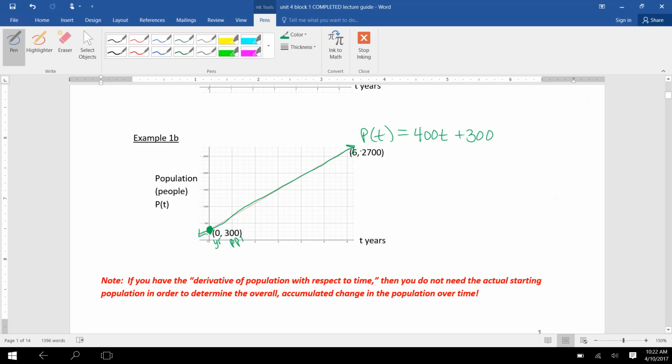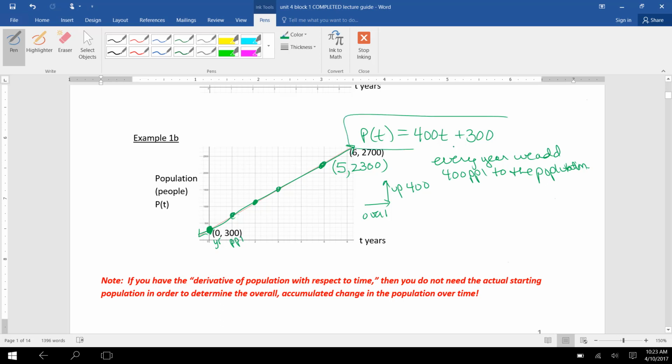It's increasing at a rate of 400 people per year. Over 1, up 400, over and over and over. By the time it gets to year 5, it will have increased a total of 2,000 people. So there'll be 2,300 people total. Every year, we add 400 people to the population.